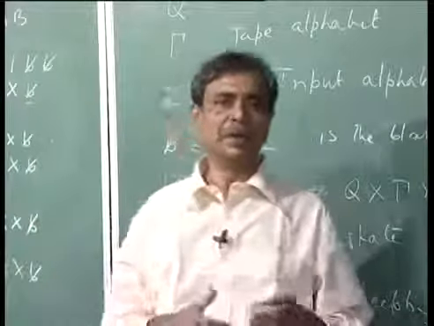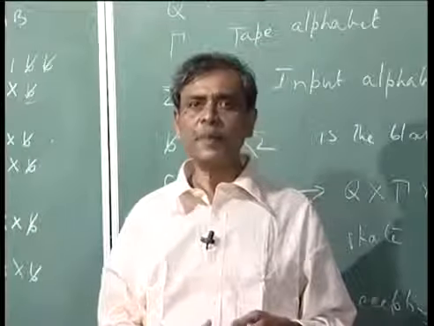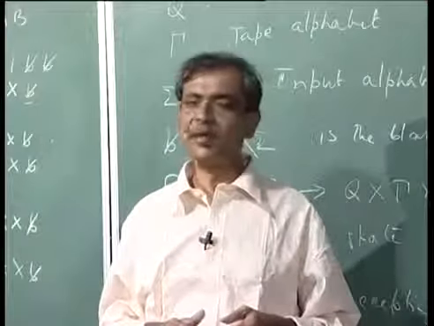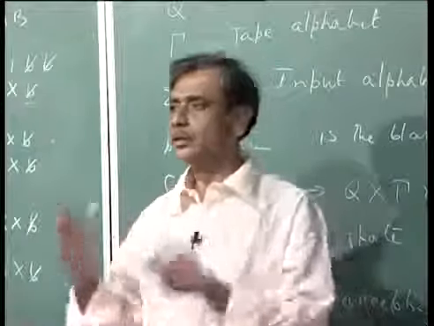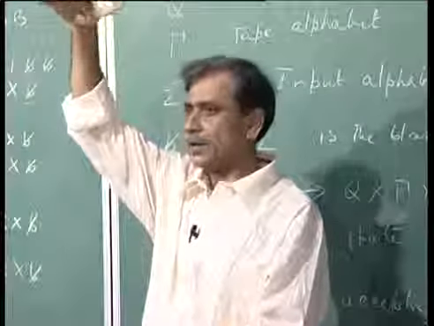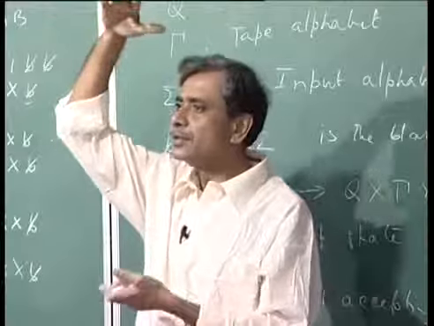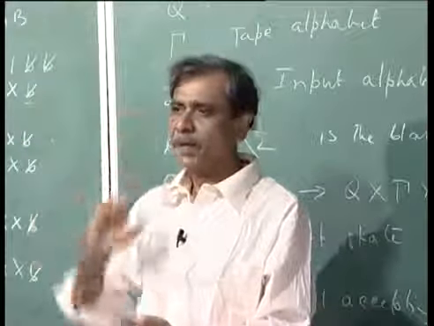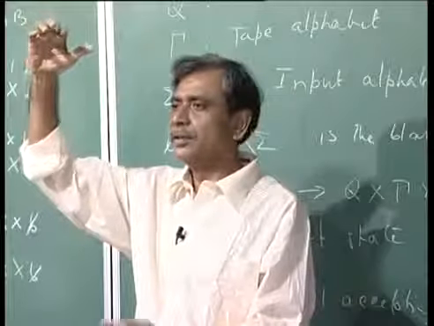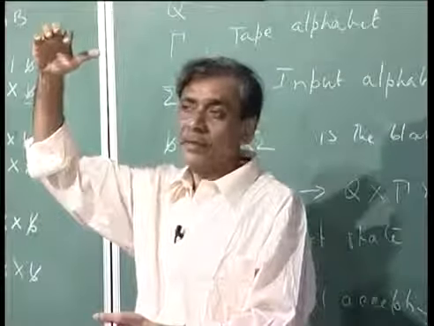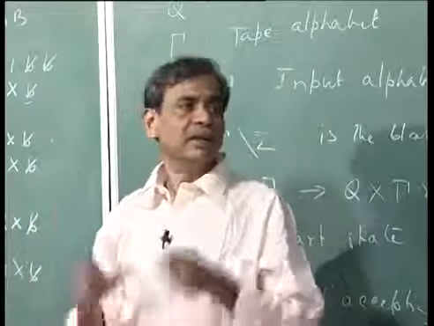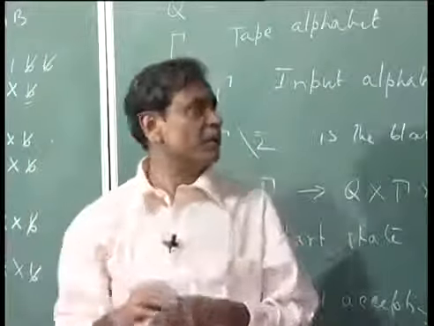Suppose I code an algorithm in my favorite programming language, whether it is C or Java, then that is a text, and that text is something finite. So, every program is finite; I can think of a program as a finite text, a finite entity or object.